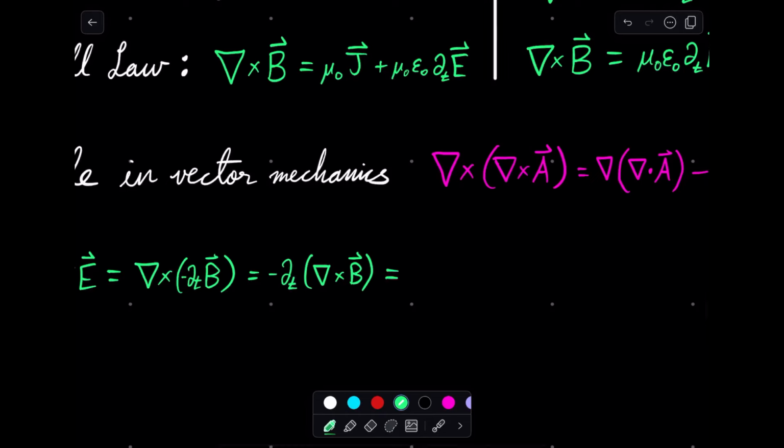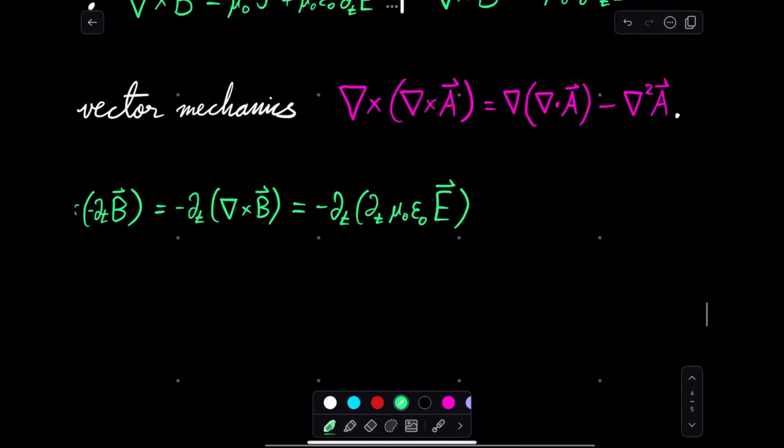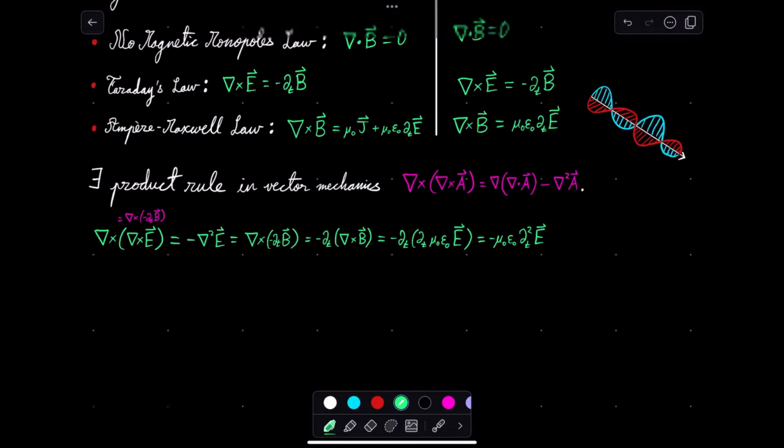So you end up with negative partial of t, mu naught epsilon naught E, which simplifies to negative mu naught epsilon naught partial with respect to t squared of the electric field.